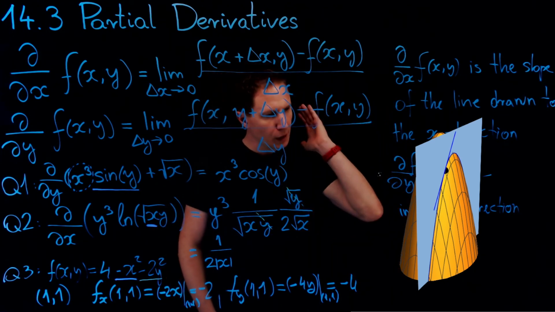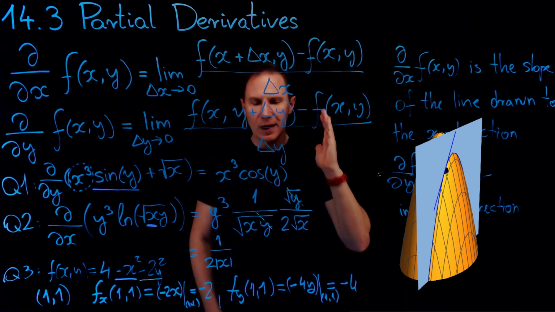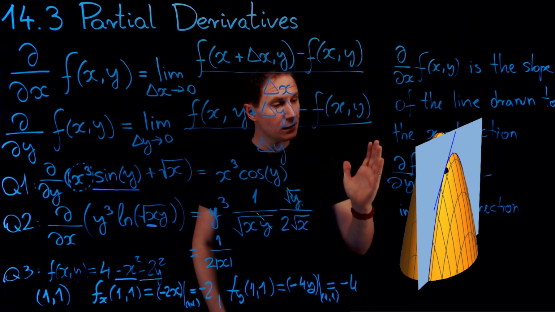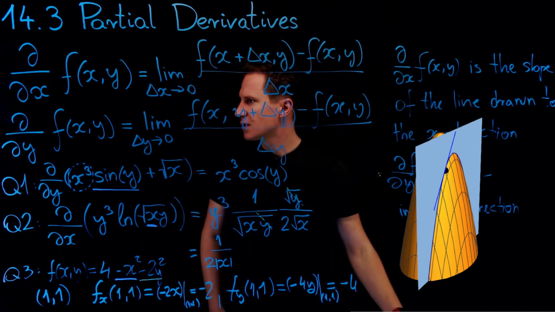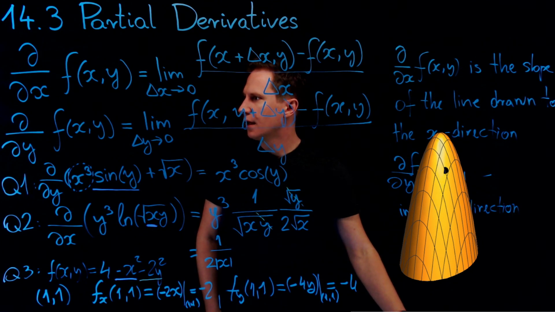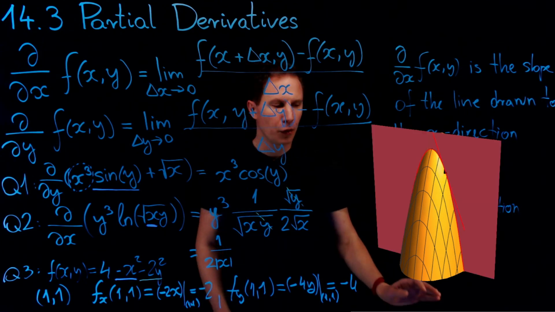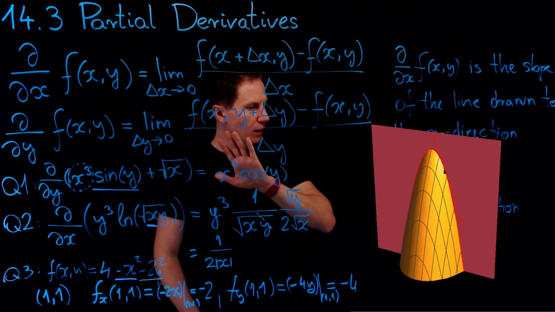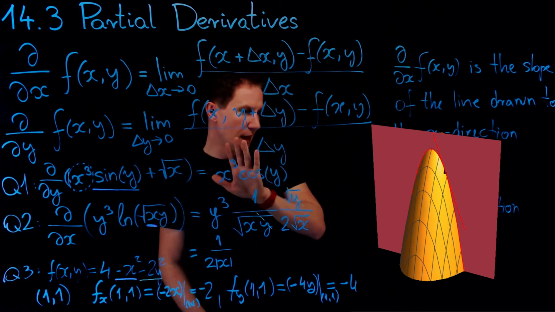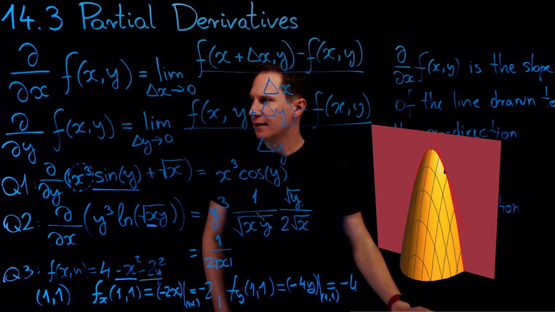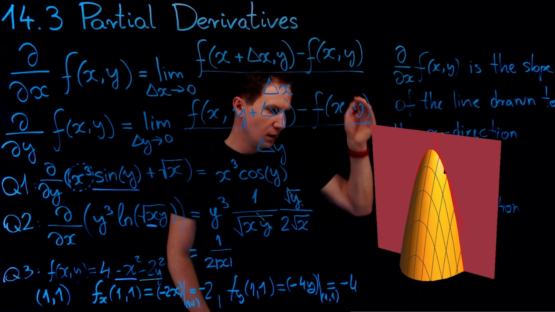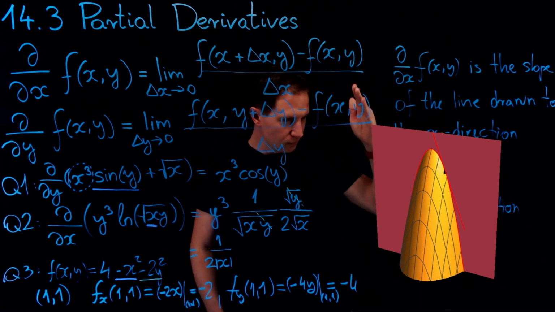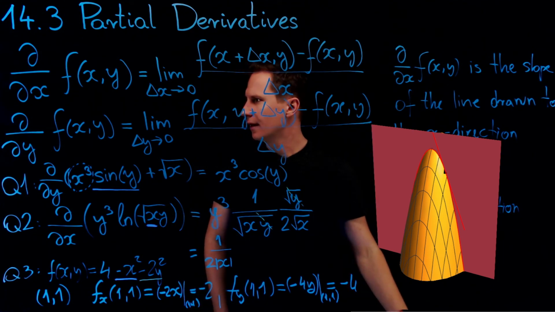So we are cutting through the graph with a plane parallel to the xz plane, so y is kept constant, and we get minus 2 for the slope there. If I compute the y derivative, we are cutting through the graph with a plane parallel to the yz plane, so x is being kept constant, and then the slope we are getting is the slope of that red tangent line that we get there.